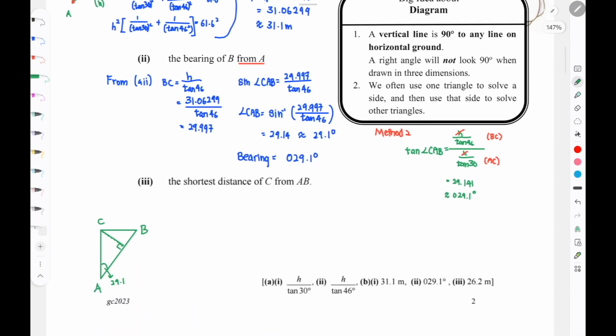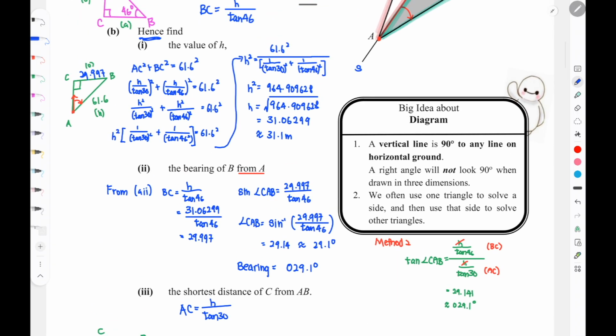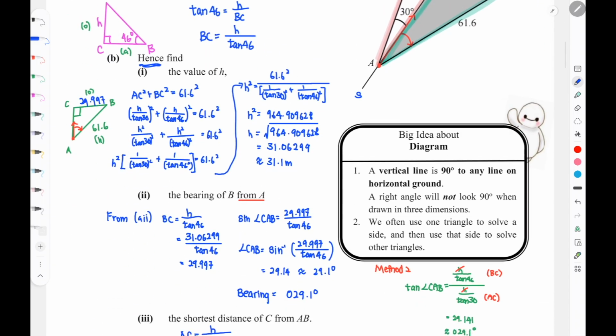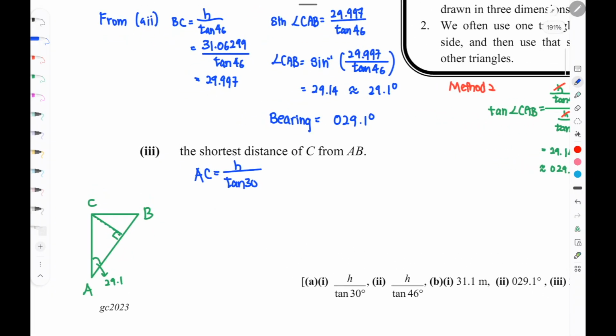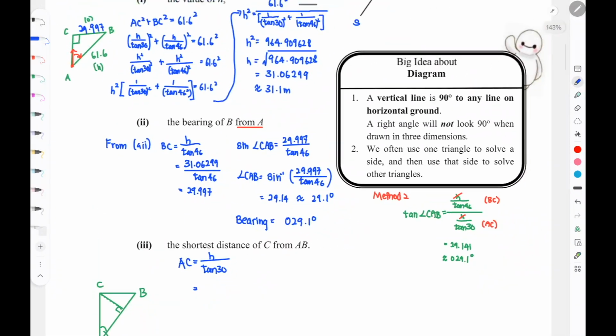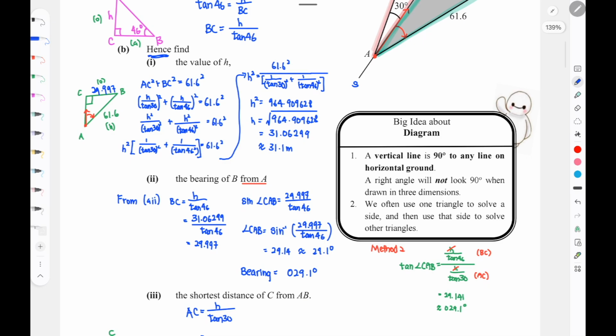Okay, so let me find the length of AC first. AC equals to H over tangent 30, right? Okay, AC equals to H over tangent 30. I can substitute my H in, which I found in B part 1.